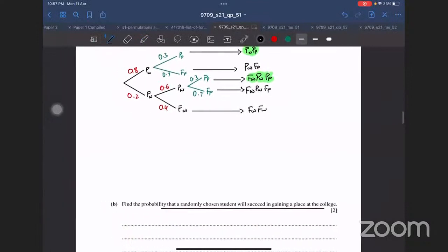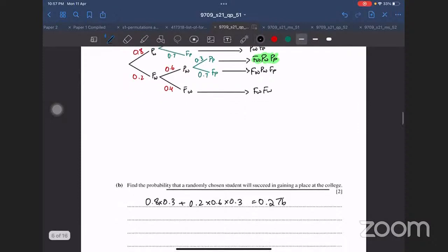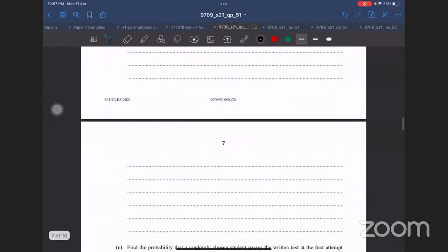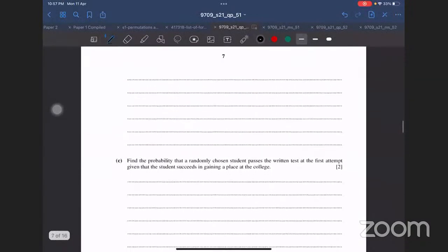So I'm going to say that this is 0.8 into 0.3 plus 0.2 into 0.6 into 0.3. Point 0.276. Okay, that's the final answer.